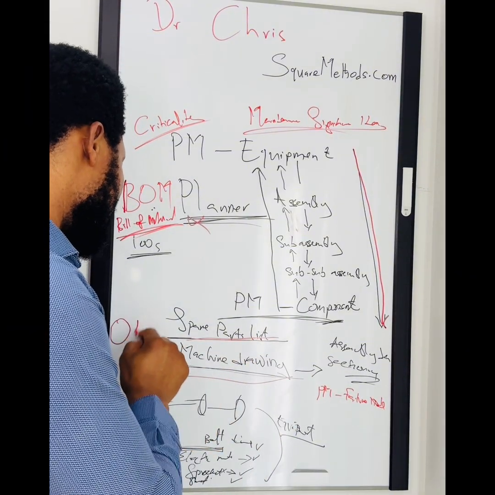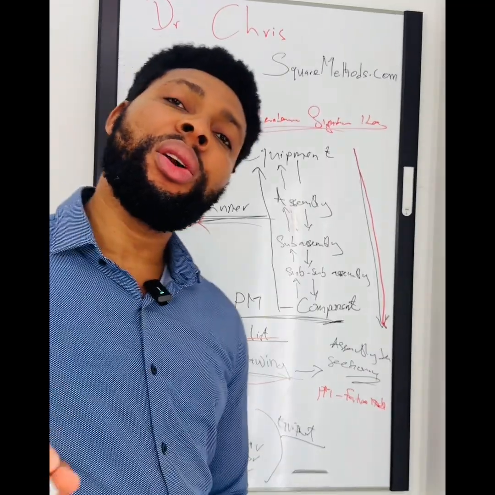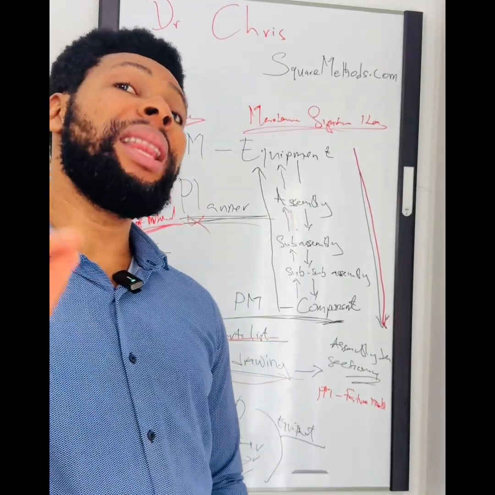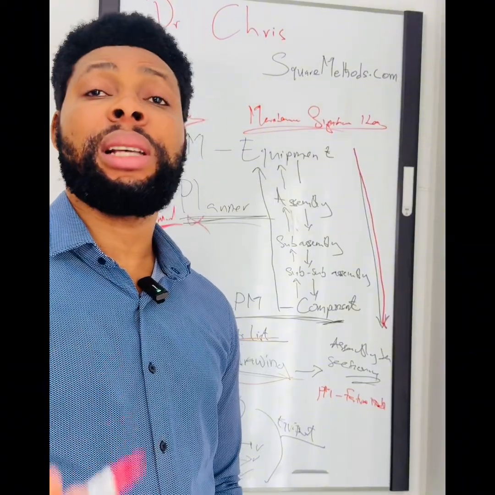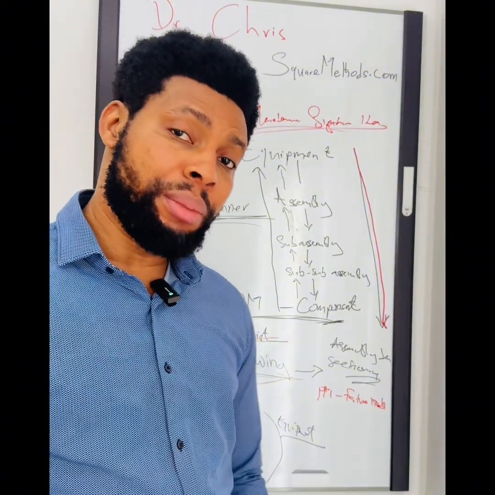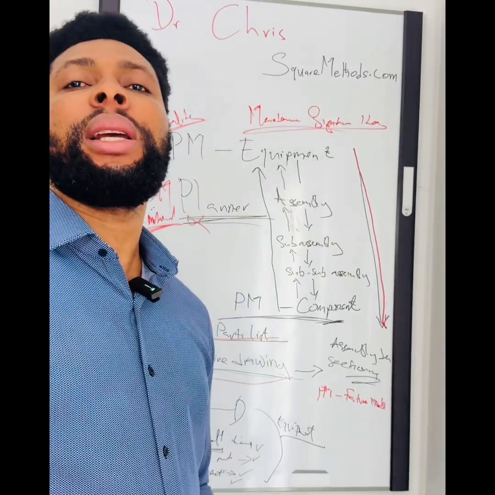which are in your OEM manual. If you are relying on the OEM manual for your maintenance, I'm sorry to tell you, you'll be disappointed, because the task lists in the OEM manual are going to be generic.